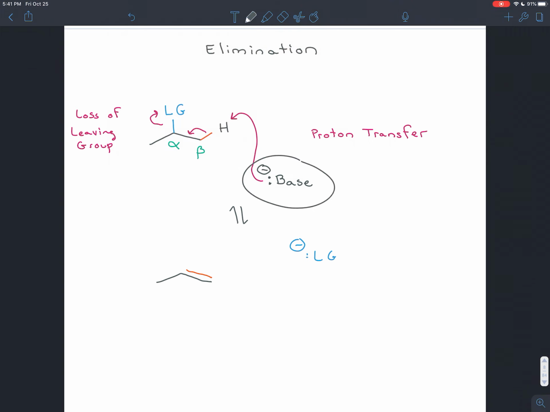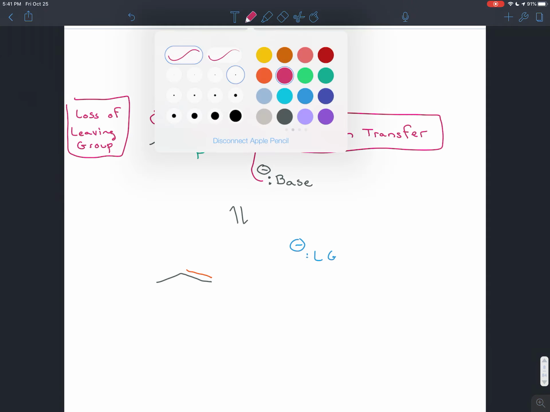You took a substrate, you treated it with a base, and you got an alkene. You eliminated a leaving group, you turned an alkane with a leaving group on it into an alkene. You created a pi bond. And the two essential steps to make this happen are loss of a leaving group and proton transfer.